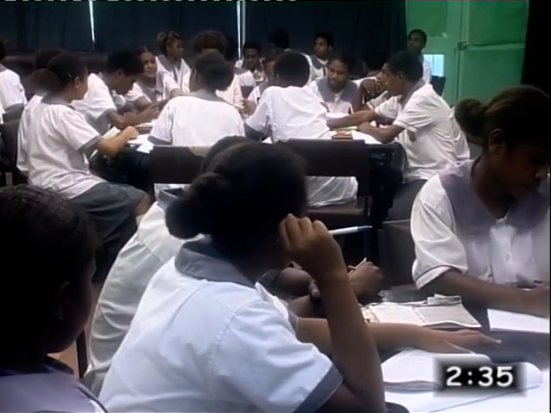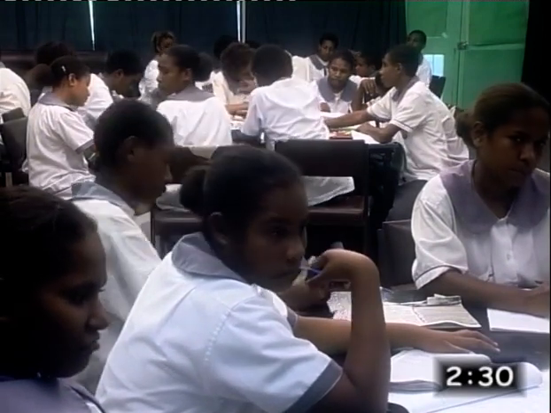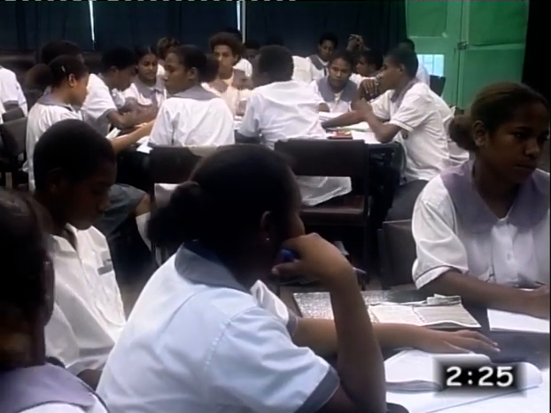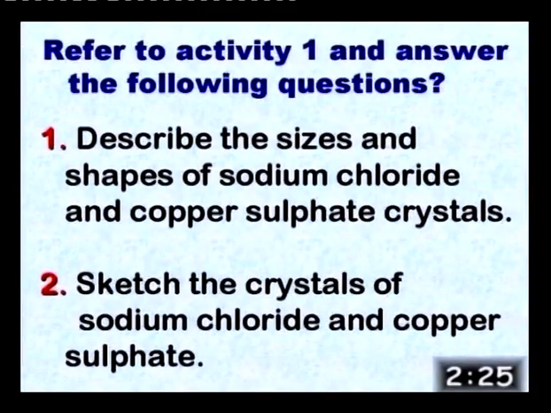The question is there for you on your worksheet. What you have to do is only answer. In your own words, you describe the size and the shapes, and then you go on to sketching, meaning you don't have to be very accurate. Use your pencil and draw the crystal.